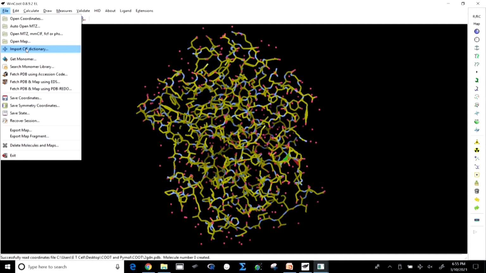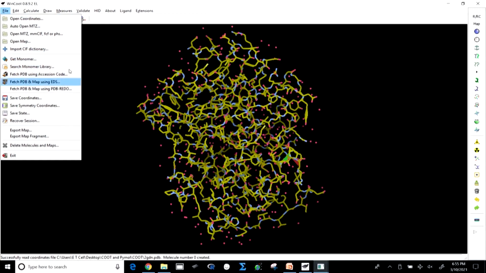Whenever a new drug is coming, the library information is not present, whereas for a standard amino acid or a nucleic acid, the library is present. So, you have to provide the software the library or the dictionary of the new compound, and that would be done by using import zip dictionary.